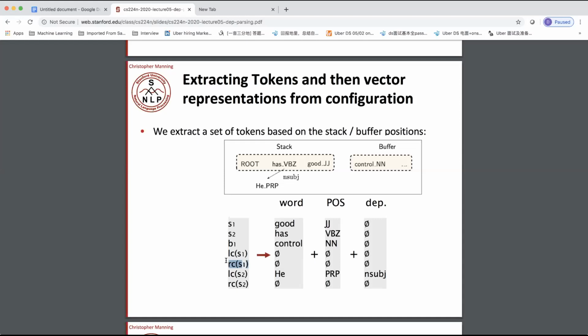This is the current state, and at this state we don't have an arc relationship for good because it just came to the stack. At this moment, we want to predict what should happen next. So maybe those arcs haven't been added yet, because a machine doesn't know which one is the right direction, right? Because that's what it's trying to learn. So that's kind of how I read this.